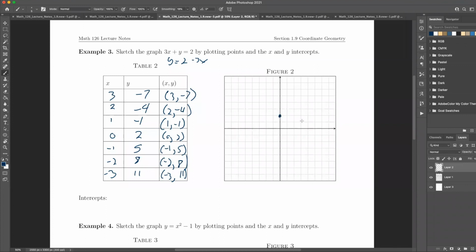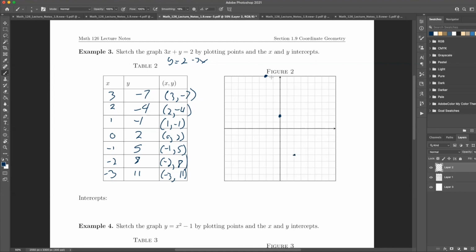I'm going to go ahead and use the 2s. So this will be 2, 4, 6, 8, so that'll be way up here. And then the 2 will be -4, so it'll be down here.